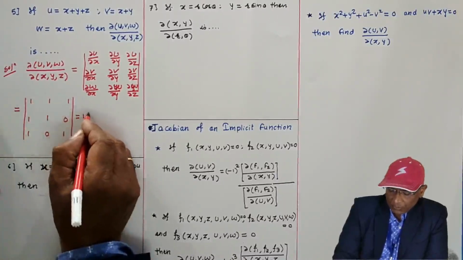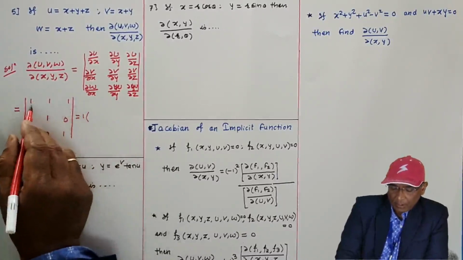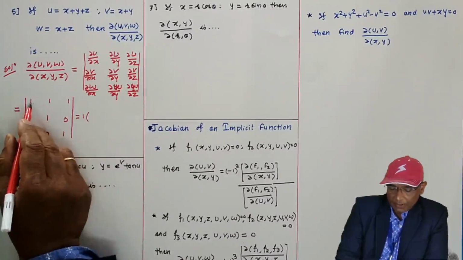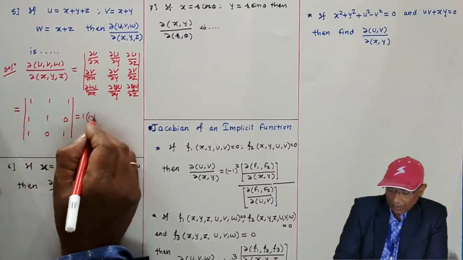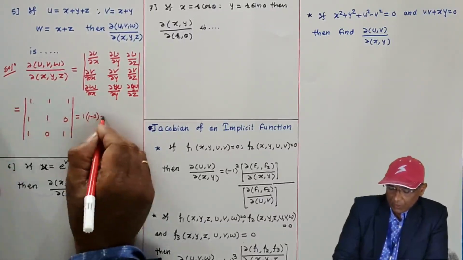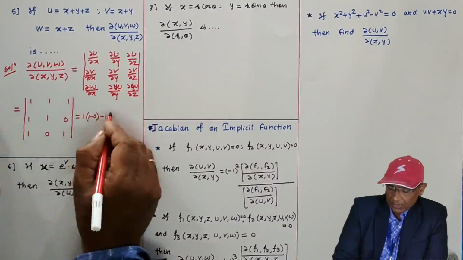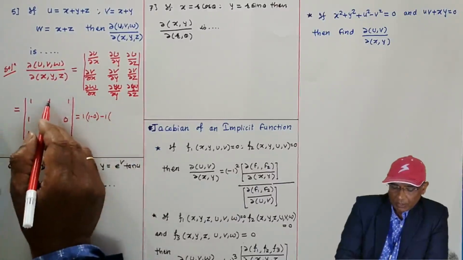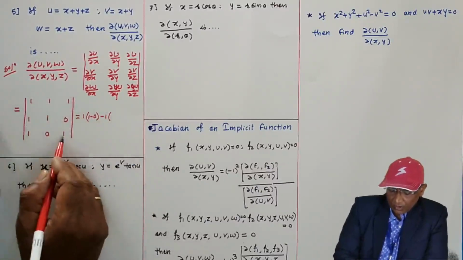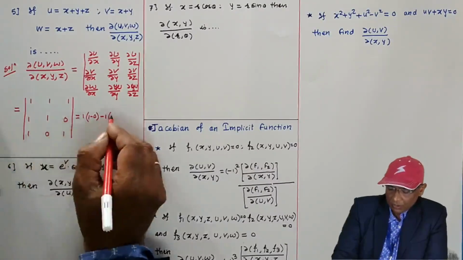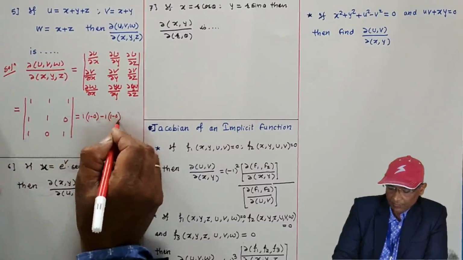I am going to simplify it: 1 and multiply with this minor, leaving this row and column. 1 minus 0 is like this. Minus by default 1, second element, minor of 1 I am going to write, leaving this column and row. 1 into 1 is 1 minus 0 is 1.